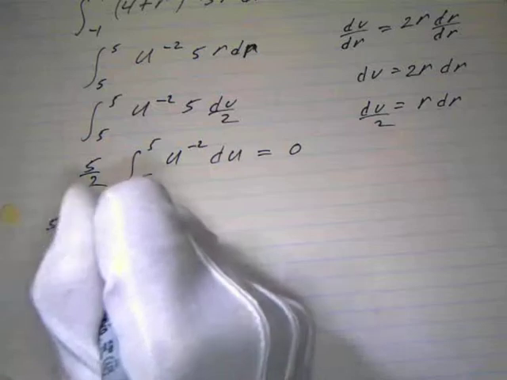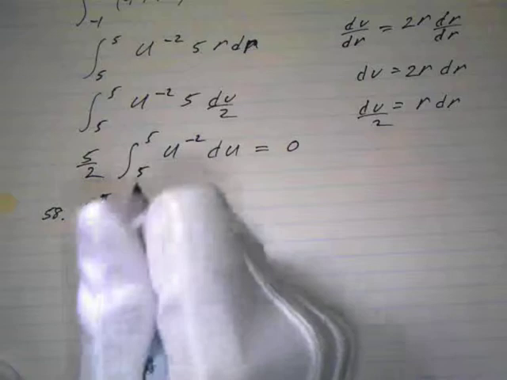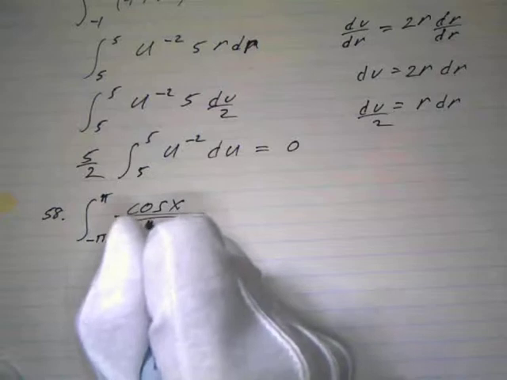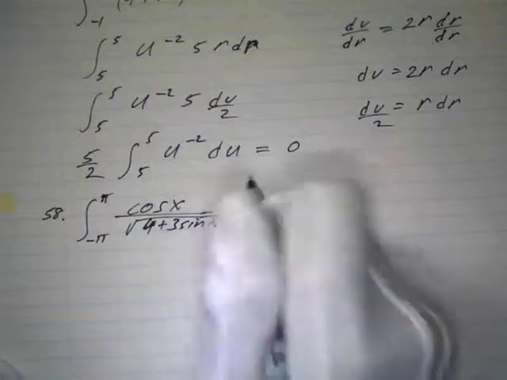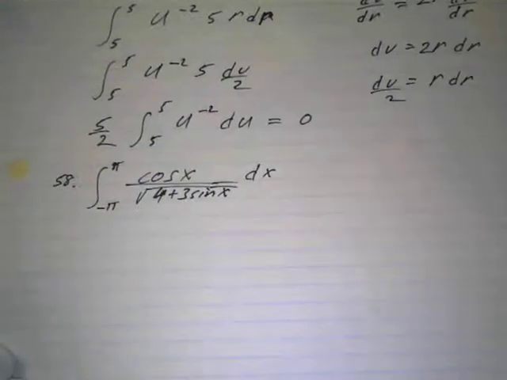And again, we've got the integral from -pi to pi of the cosine of x all over the square root of 4 plus 3 sine of x on the radical dx. This looks pretty interesting.